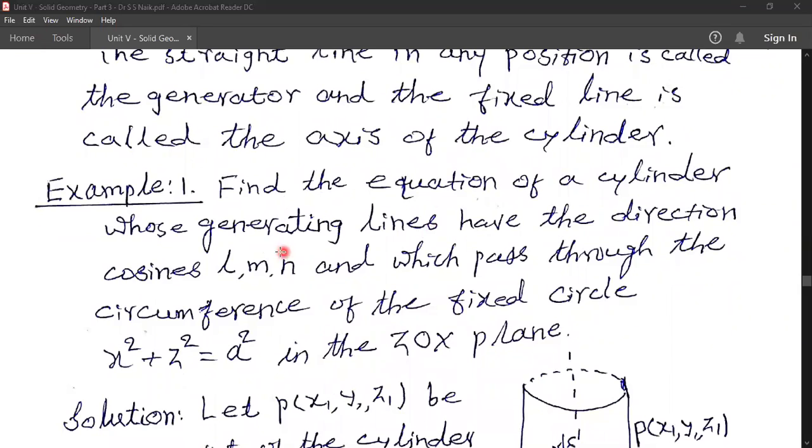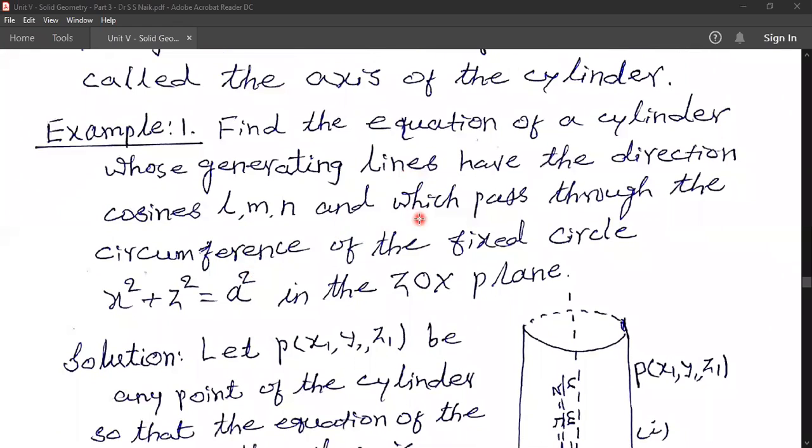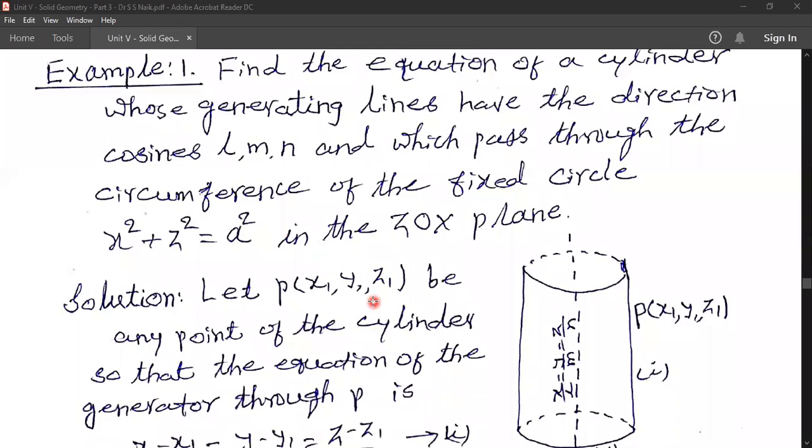Find the equation of a cylinder whose generating lines have the direction cosines l, m, n and which pass through the circumference of the fixed circle x square plus z square is equal to a square in the ZOX plane.